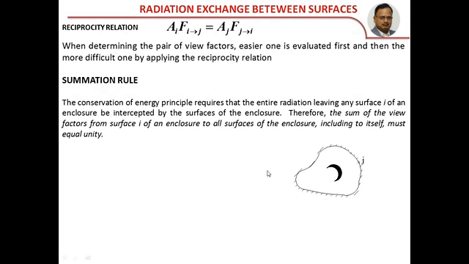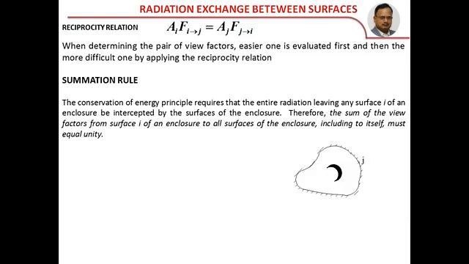So with reference to all these things, we can finally conclude that the reciprocity theorem says Ai Fi to j is equal to Aj Fj to i.